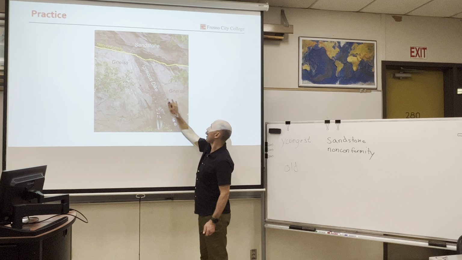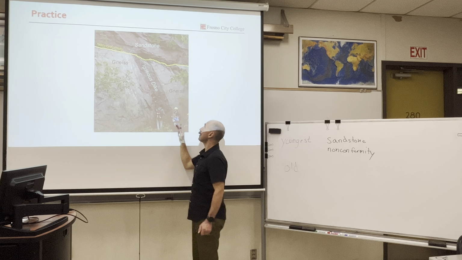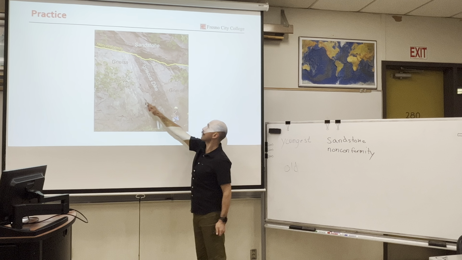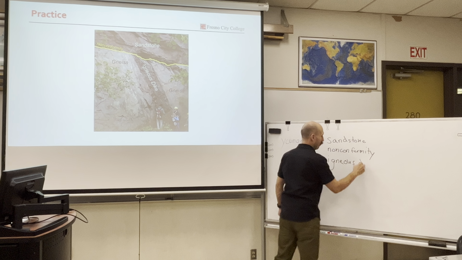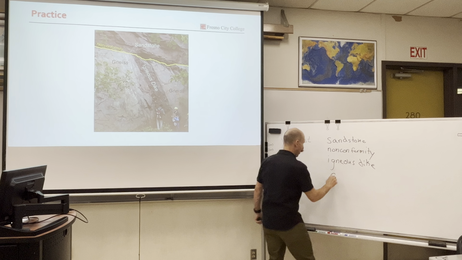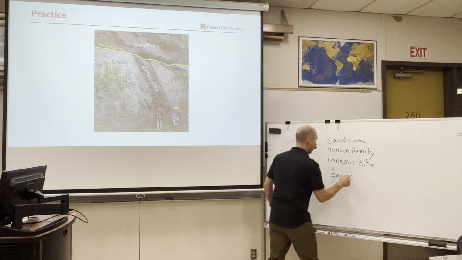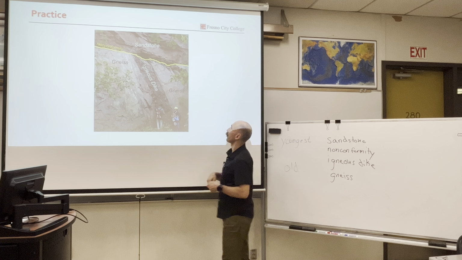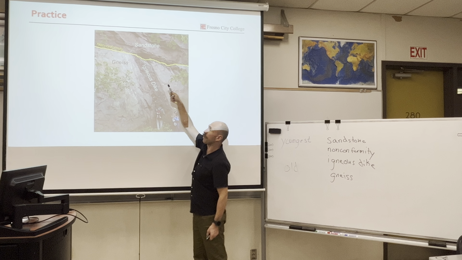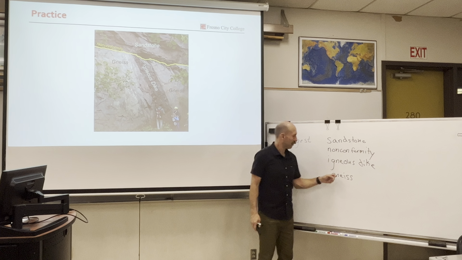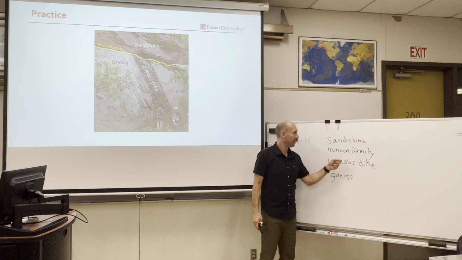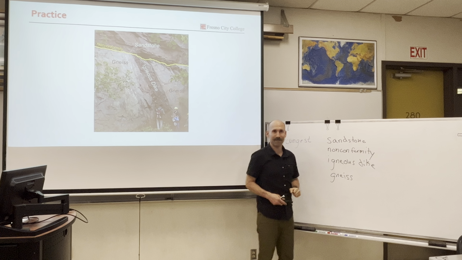But since the gneiss is on either side of the igneous dike, then the igneous dike cuts across the gneiss, which means it is younger than gneiss. And gneiss. So we have four events: the gneiss, the dike, the nonconformity, the sandstone. And in order from oldest to youngest, it is that in particular: gneiss, dike, nonconformity, sandstone.